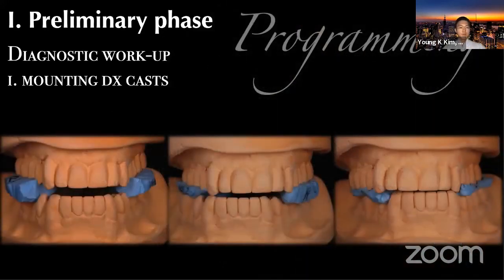So you have your diagnostic cast, and you mount it. You're about to mount it, and you mounted your cast, whether CR or MIP. And how are we going to program our articulator?